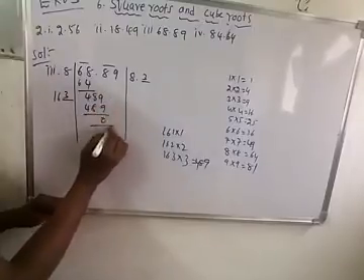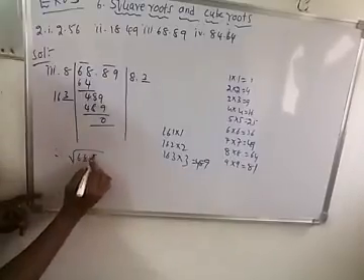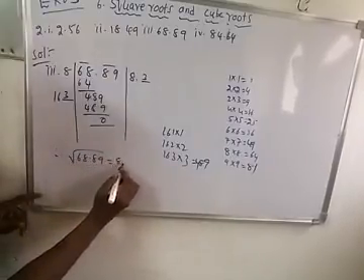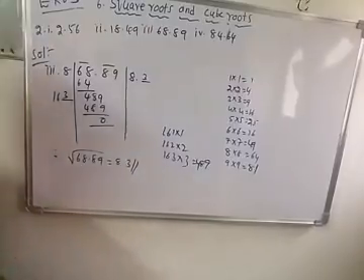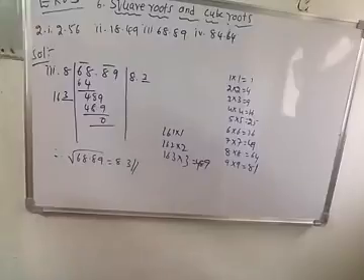So we get a remainder of 0. Therefore the square root of 68.89 is equal to 8.3. So the remaining you do. Okay, right.